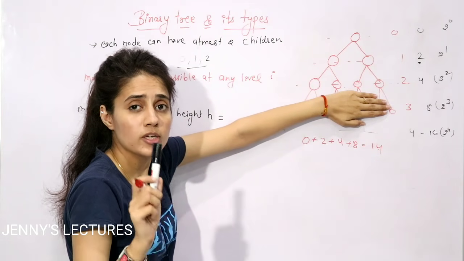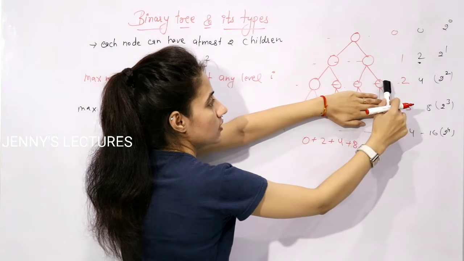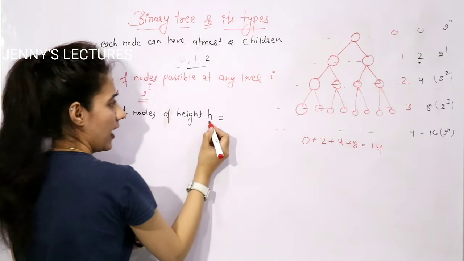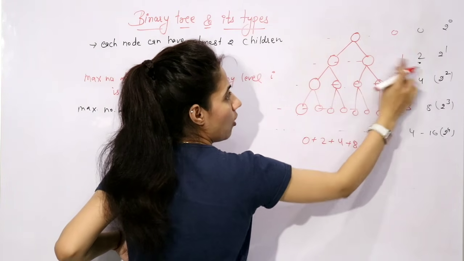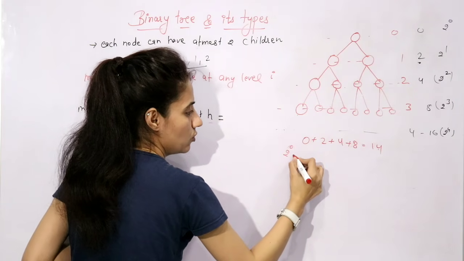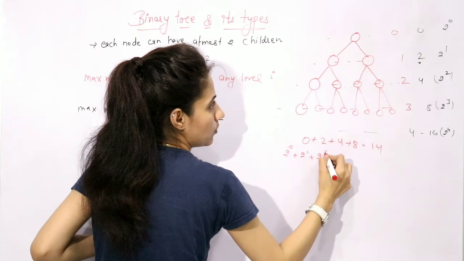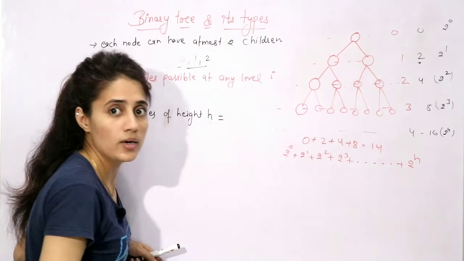Now if height is 2, maximum number of nodes possible are 1, 2, 3, 4, 5, 6, 7. So how to calculate the maximum number of nodes? If height is h, simply you will add all the maximum numbers of nodes at each level. So you can say 2 raised to power 0 at this level, 2 raised to power 1 plus 2 raised to power 2 plus 2 raised to power 3 and till 2 raised to power h.